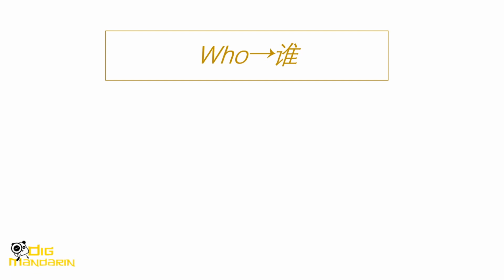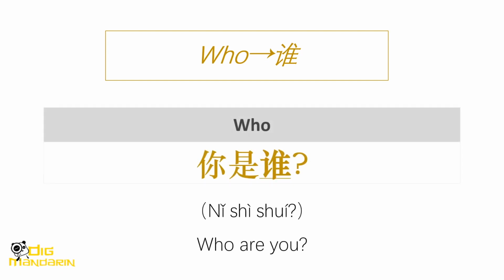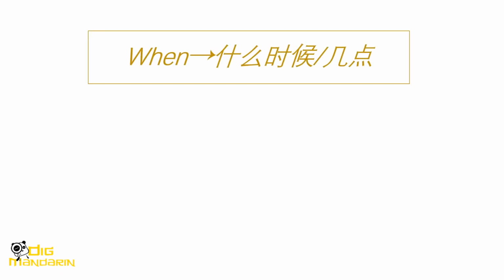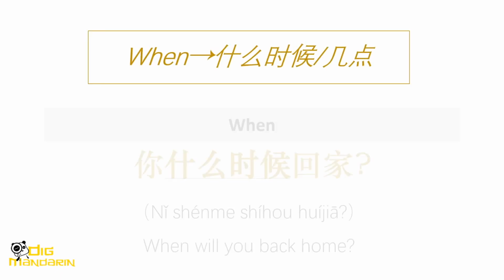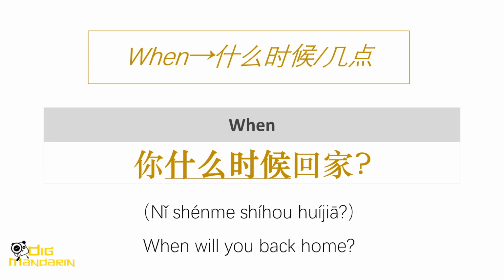Example 1. 你是谁? Who are you? Example 2. 你什么时候回家? When will you be back home?